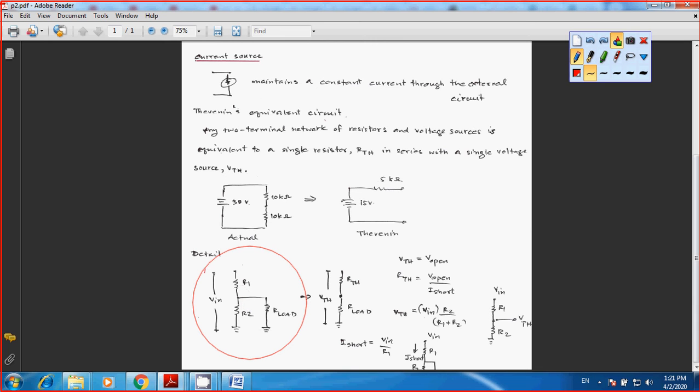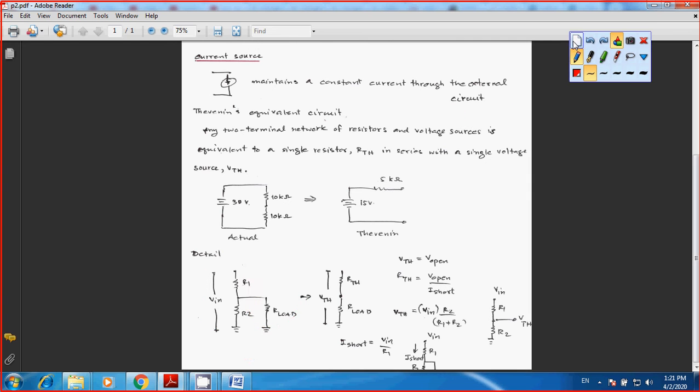This part is actually the supply voltage, and this one is our load. For example, you attach a load resistance to your supply voltage, such as a laptop or smartphone.